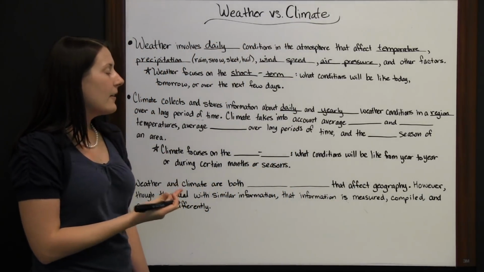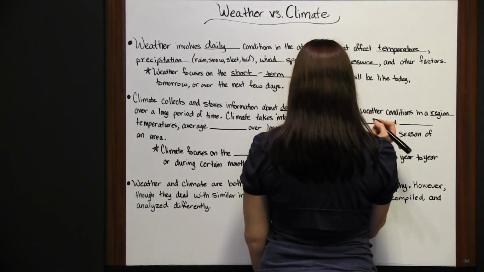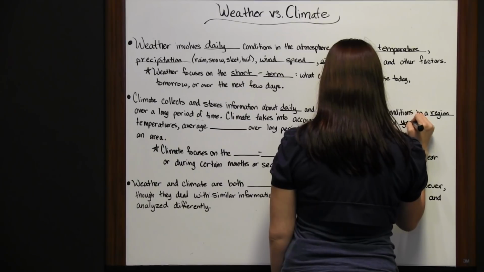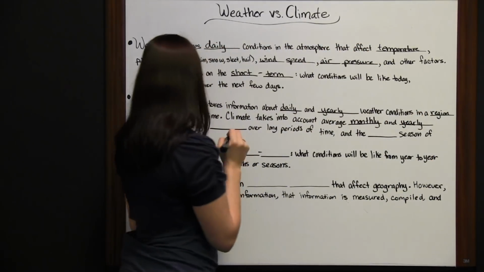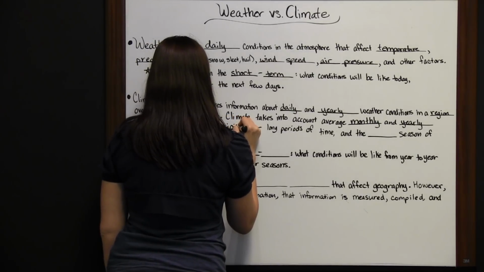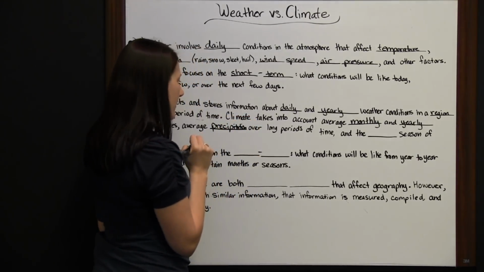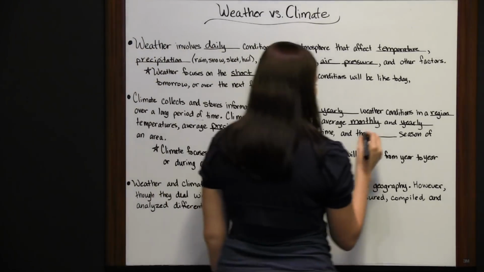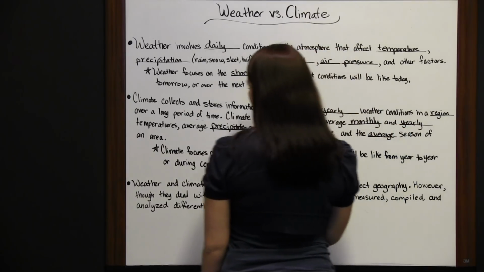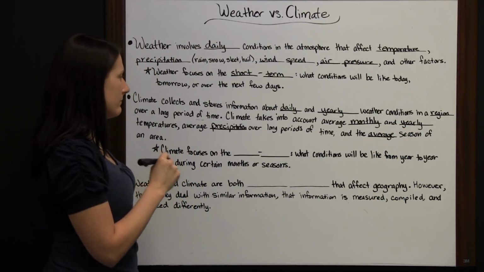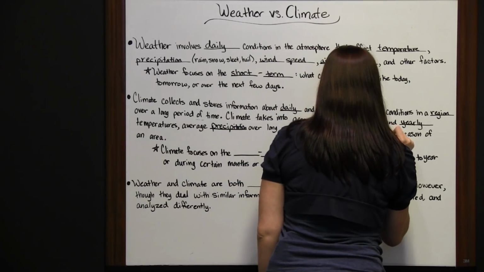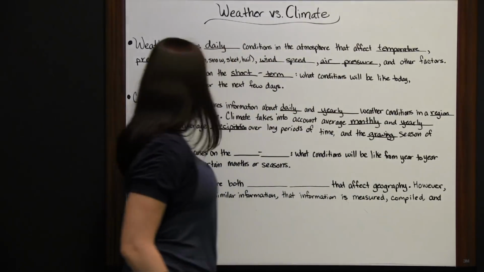Climate takes into account average monthly and yearly temperatures, average precipitation over long periods of time, and the average season of an area, the average growing season of an area.